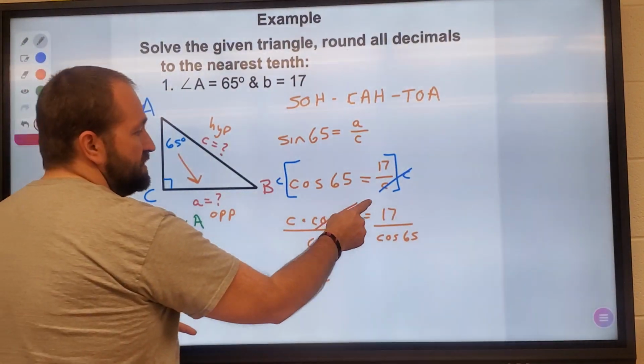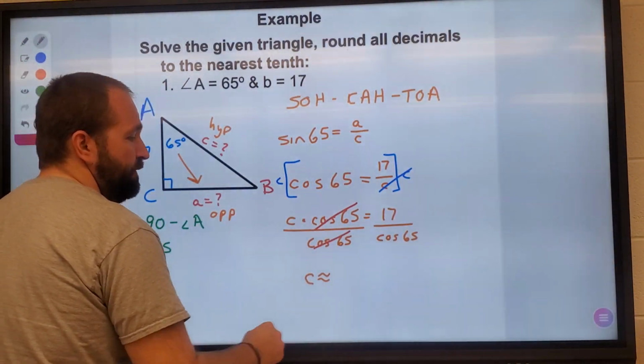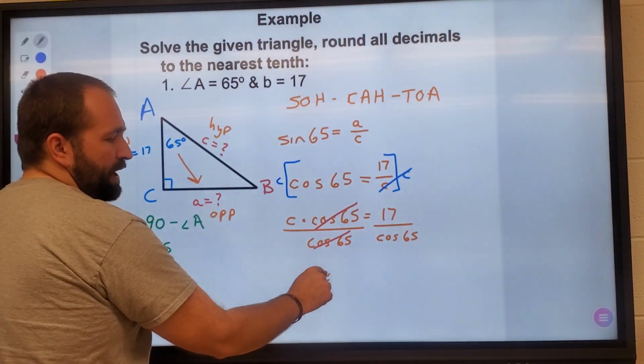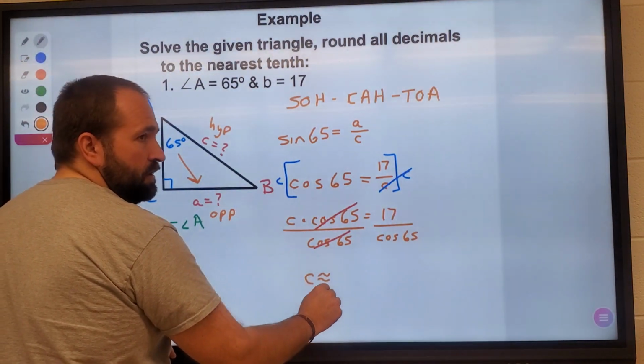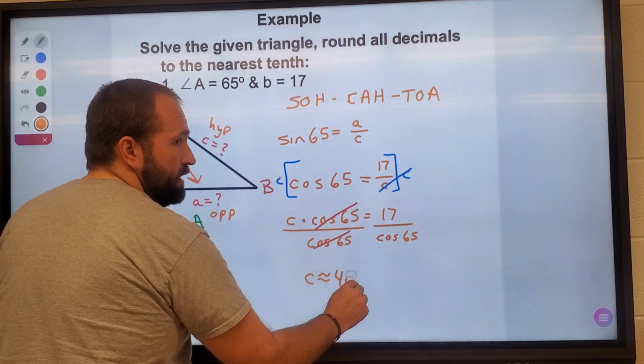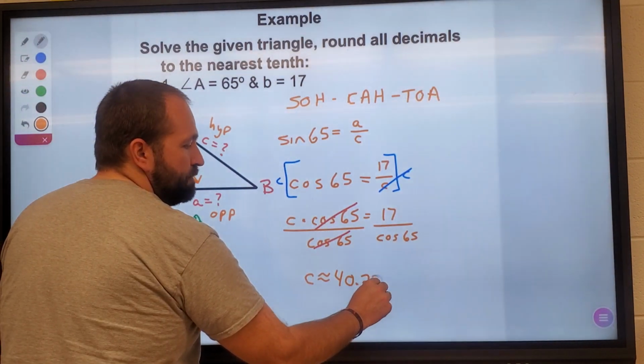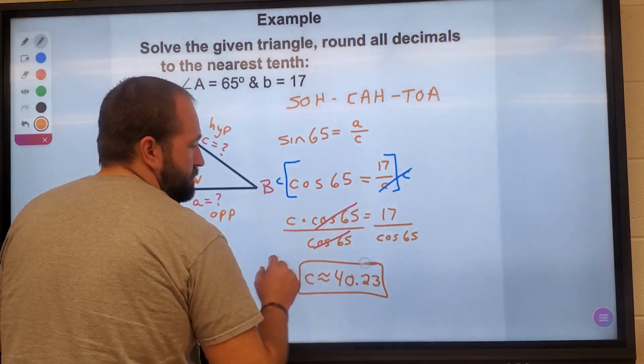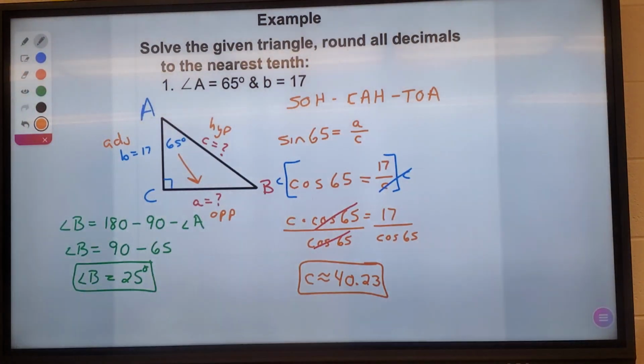But if I take 17 divided by the cosine of 65, I'm going to get approximately, so I'm not going to do the equal sign, I'm going to do the little tildes, and that's about 40.23. Again, you'll be able to plug that into a calculator. The question is, what calculator do you have, and how do you plug it in operations wise? So again, reach out to me and we'll try to figure that one out.